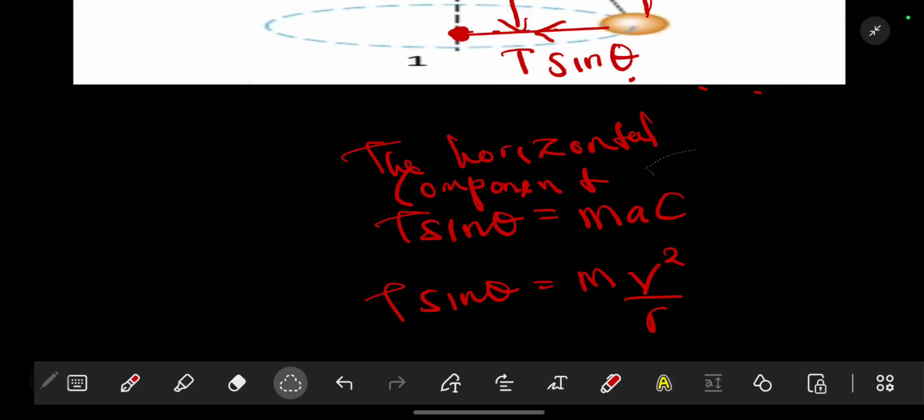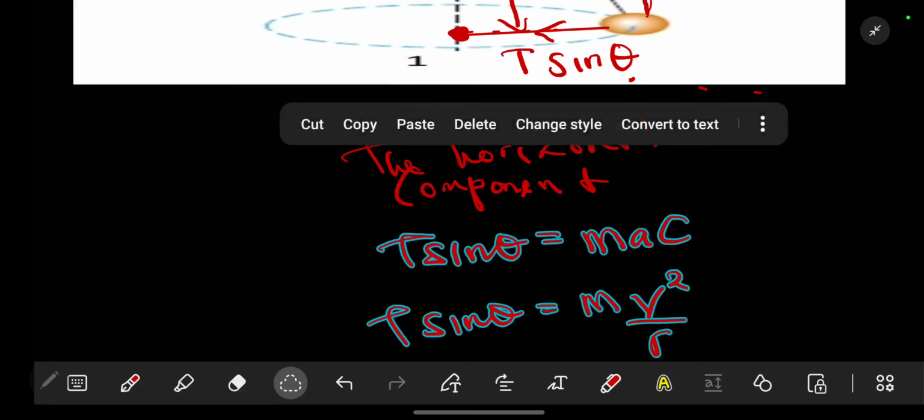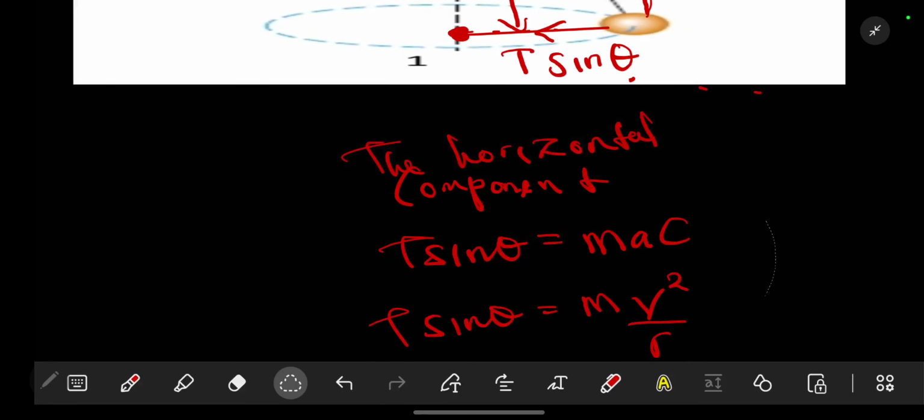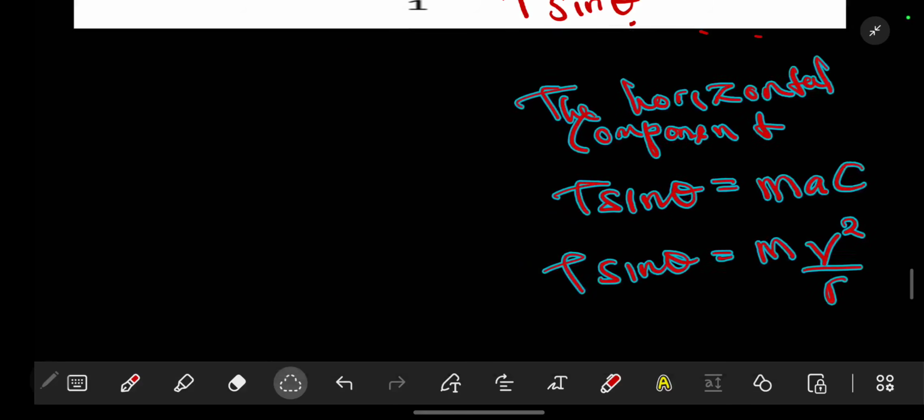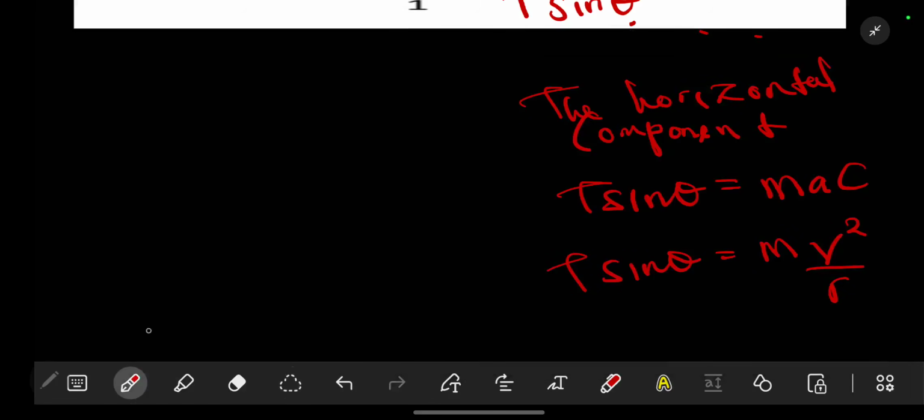So we have the horizontal component, and we also have the vertical component.